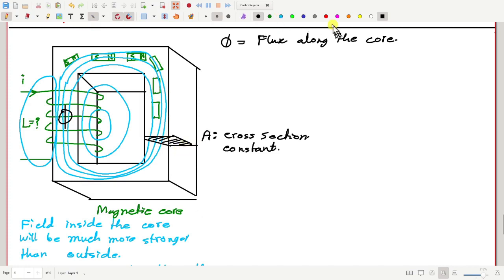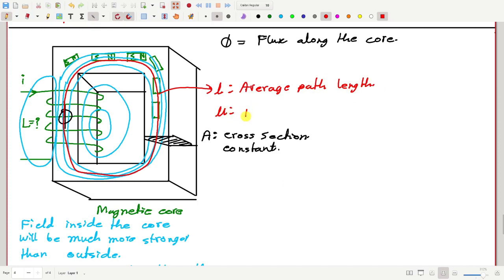Suppose little l is the average path length of the flux lines, and suppose mu is the permeability of the core, which we may write as mu 0 times mu r, where mu 0 is the absolute permeability of free space and mu r is the relative permeability of the magnetic material, of iron or whatever we have.